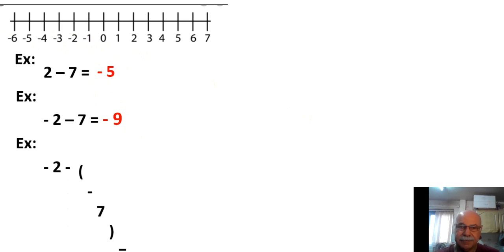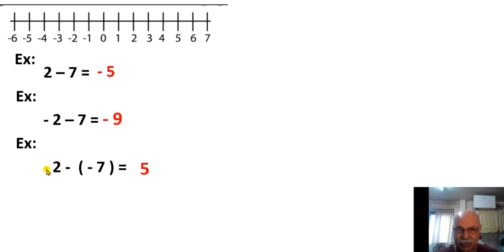Example. Minus 2 minus minus 7, meaning plus, because minus times minus has become plus, so 5. Minus 2 plus 7, we go opposite, upside down. That's why we now increase the number.